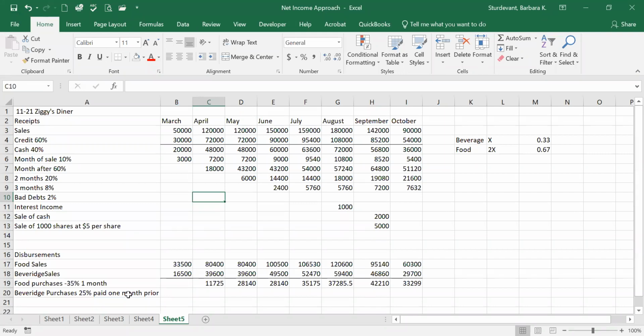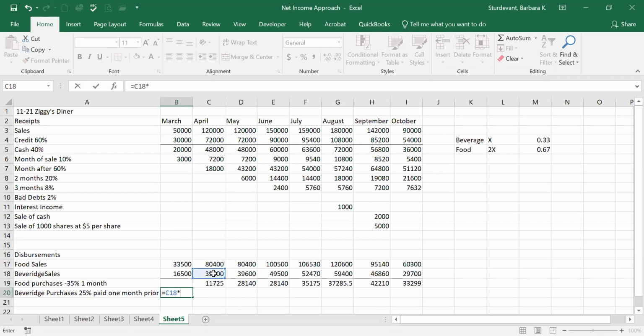But remember, we're only doing this for July, August, and September. So we'll go to see what's going to be paid for in March. In March, we would take our beverage sales for April.